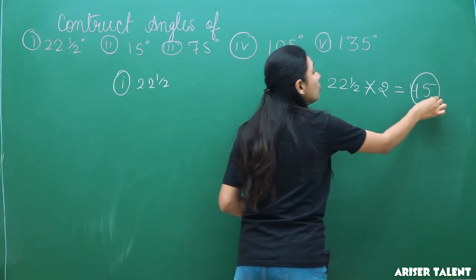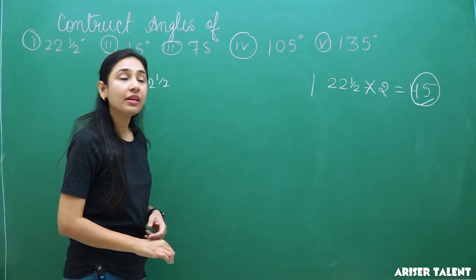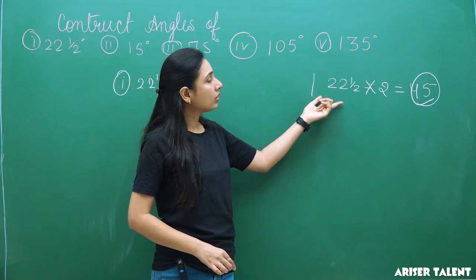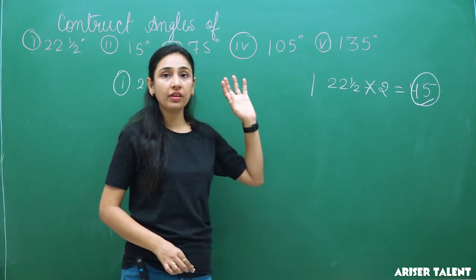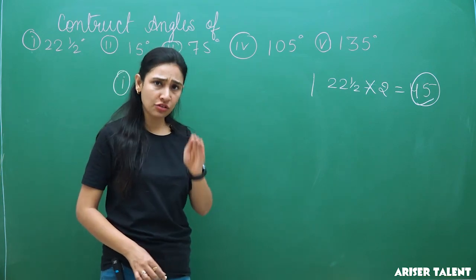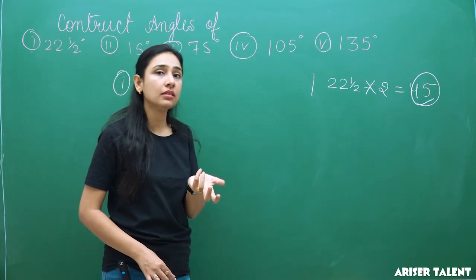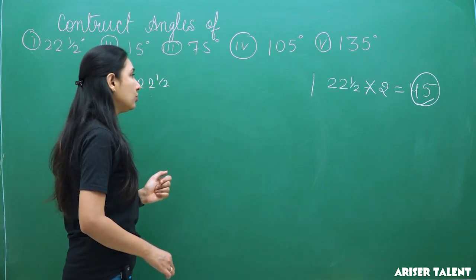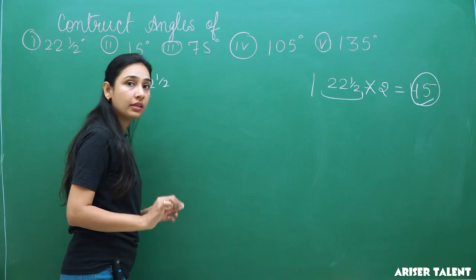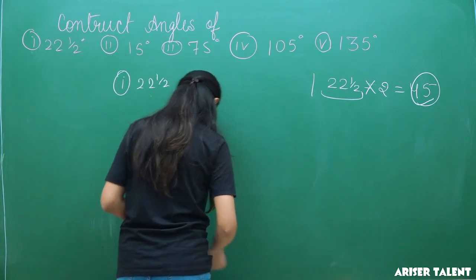Now, do you know how to make an angle of 45 degree? Surely you are able to construct the angle of 45 degree. Then just construct the angle of 45 degree and bisect it. That bisection will be equal to 22.5 degree. Not simple?